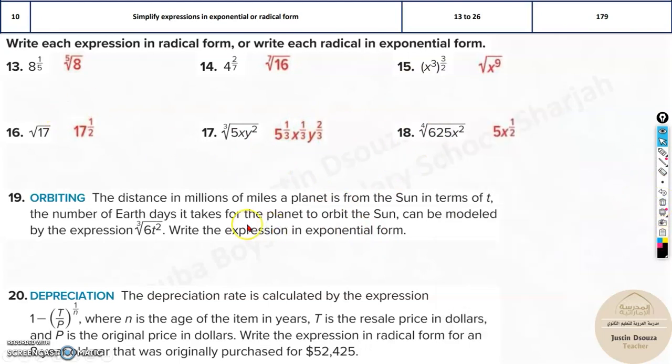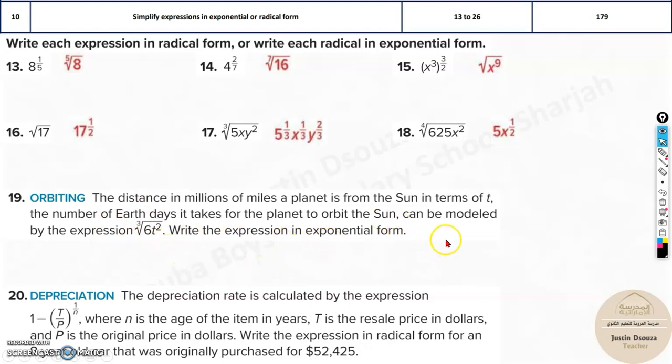It's fine. So now, okay, there are 2 real world problems. The distance in millions of miles a planet is from the sun in terms of t, the number of Earth days it takes for the planet to orbit the sun, can be modeled by this expression.